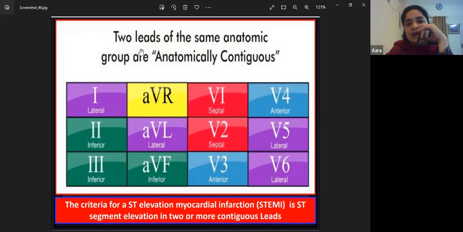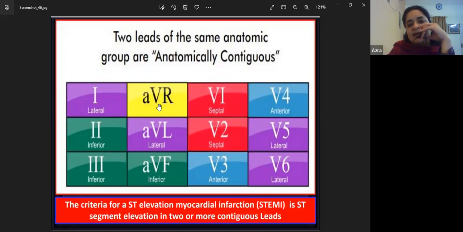Here are 2 leads in the same anatomic group, anatomically contiguous, as you know, group 1, 2, and 3. Here is aVR. In lateral, lead 1 is also lateral. Lead 2 is inferior, lead 3 is also inferior.